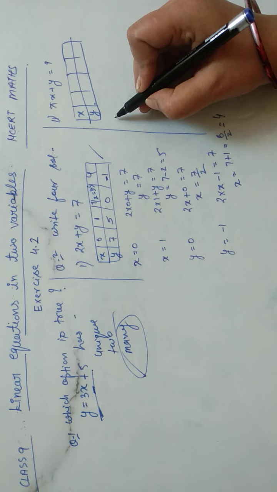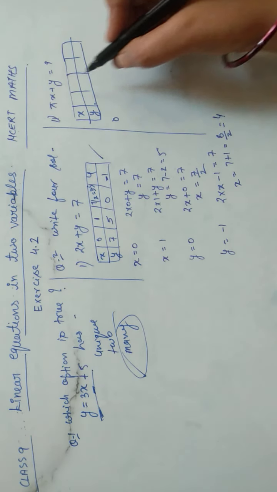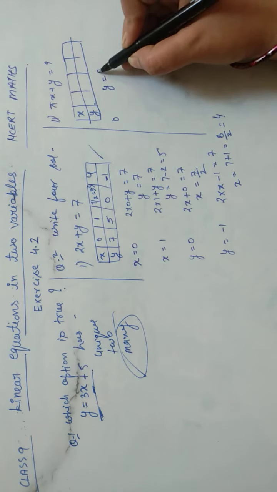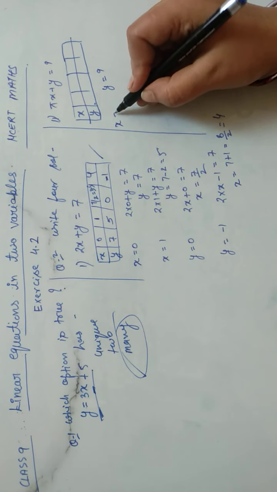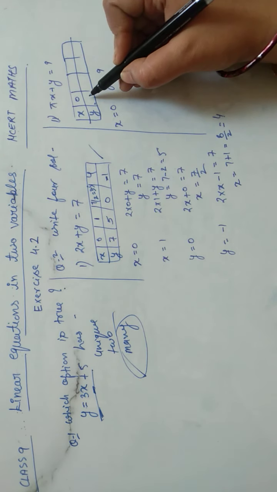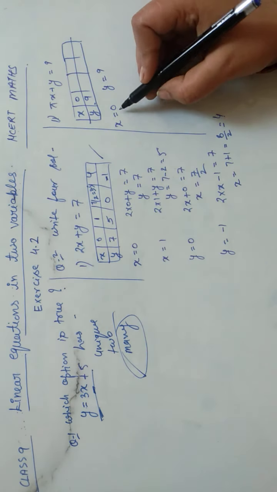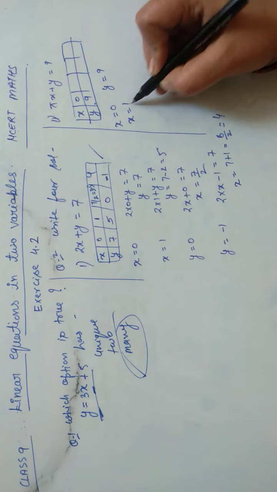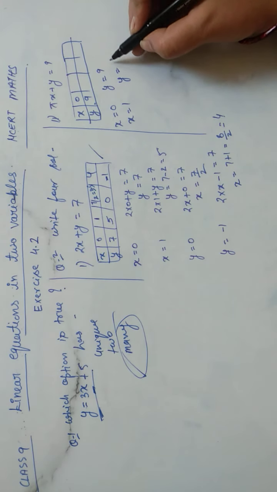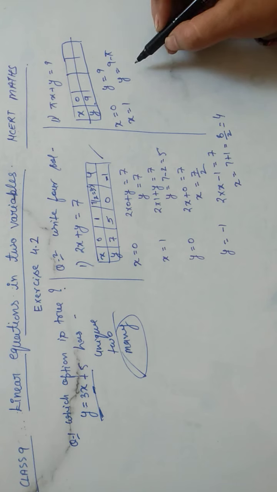If you are assuming x is 0, then y is 9. Now see, if I am putting x as 1, then y will be 9 minus pi.